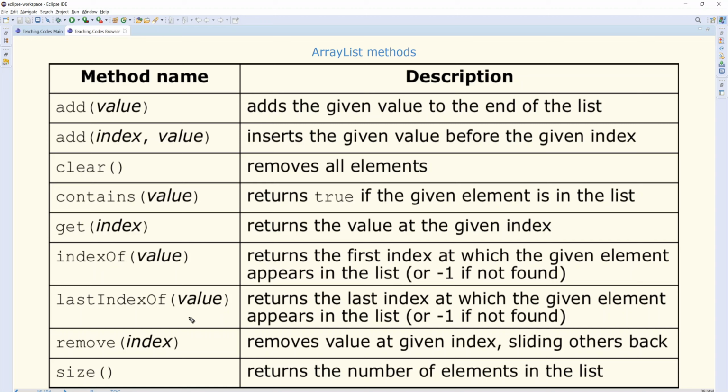So if such a student name occurs several times, indexOf gives us the first occurrence, lastIndexOf gives us the last occurrence. Now you might ask, how do I get the second occurrence, third occurrence? No, there's no method for that. You will have to check one by one. We already discussed remove index. It will remove the element at this index. And size tells us how many elements we have in the array list.